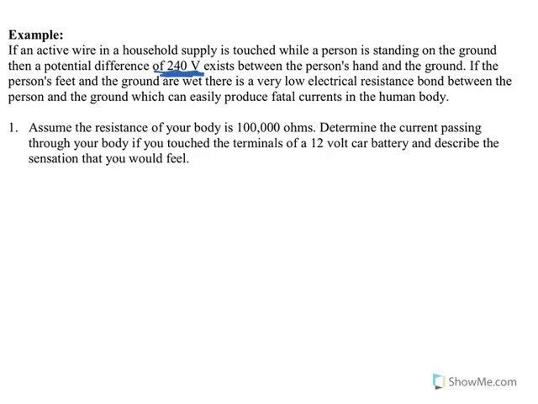Example 1: assuming the resistance of your body is 100,000 ohms, determine the current passing through the body if you touch the terminals of a 12 volt battery on a car. So current, we've got R and we've got V. Ohm's law would tell us V equals IR.